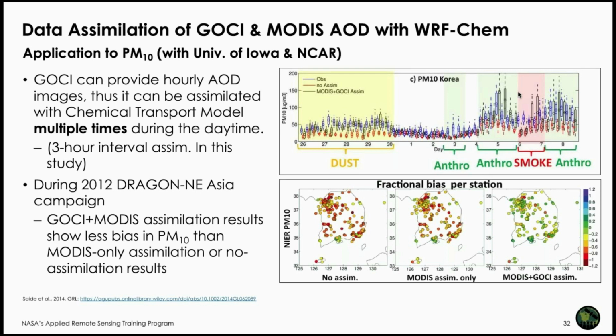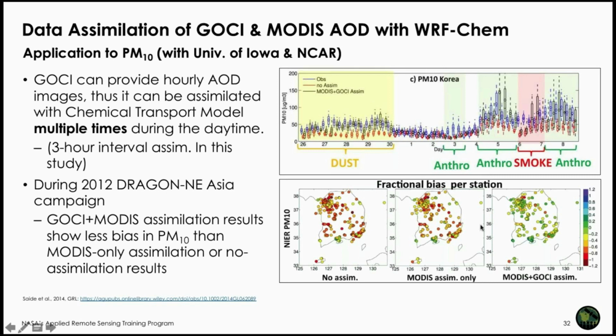When the chemical transport model is assimilated with MODIS and GOCI, the result shows improved matches with ground observation. The assimilation result is the black line. We can see the change from red to black line is closer to the blue line.